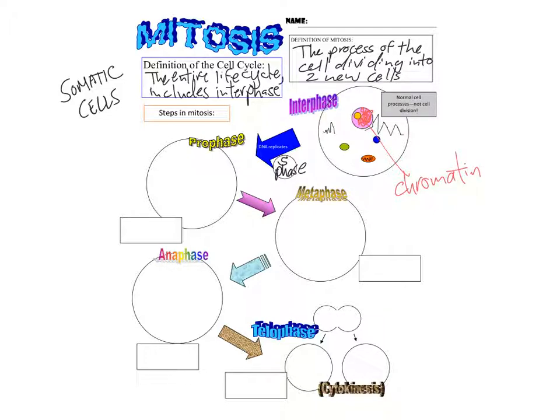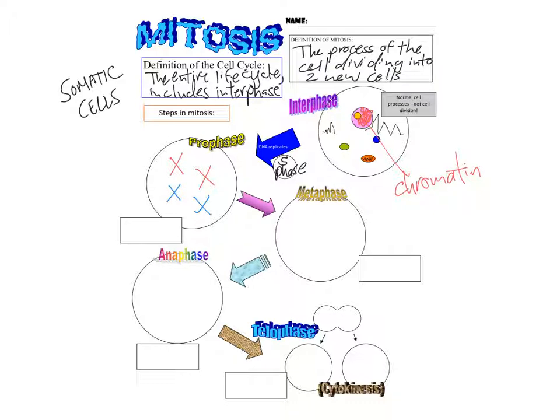But once it goes to prophase, it forms these little X-looking things, which are called chromosomes. So we're going to do two different colors here. Two of them are the original DNA, and two of them are the replicated DNA, but they're the same things, so that each blue one is an exact copy of the red one.